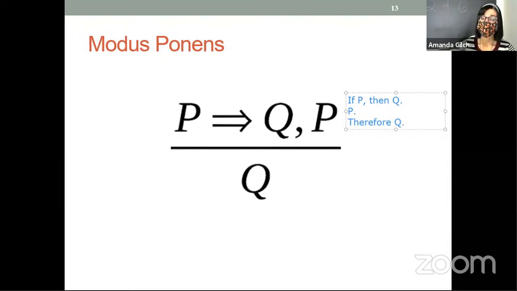Here, it doesn't matter what you put in the argument. It's if P, then Q; P; therefore Q. Your book gives this example.